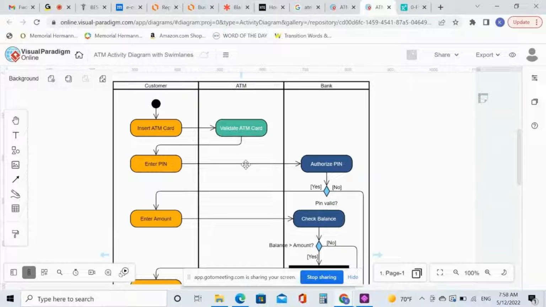So it will connect to the ATM machine, and if it is validated... Who validates? Do you think the ATM machine validates, or does it go to the bank for validation? I think it's connected with the bank server. Yes, the server.